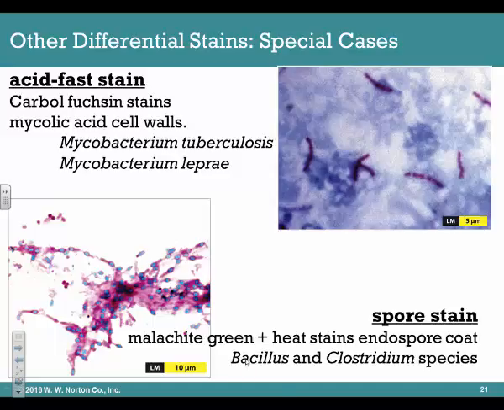These spores are very resistant. They don't allow anything to penetrate their surface, and so in order to stain them, you have to heat the sample that has endospores. Then you can see this turquoise color within the pink of the stain, which we call malachite green, showing where the spores are in the specimen.